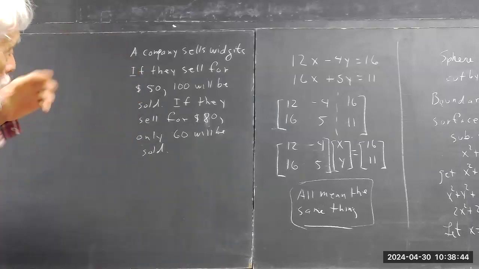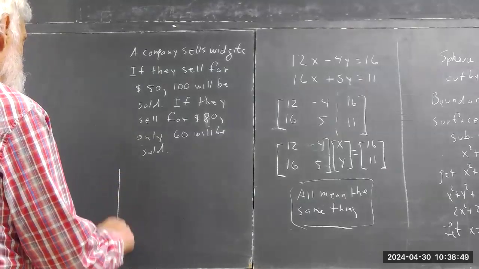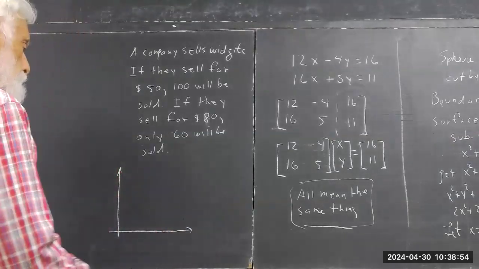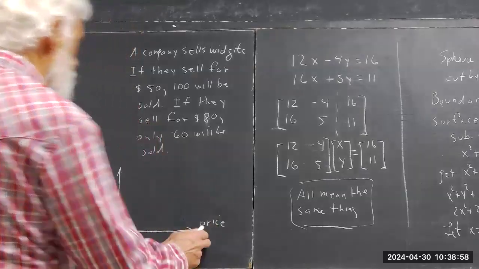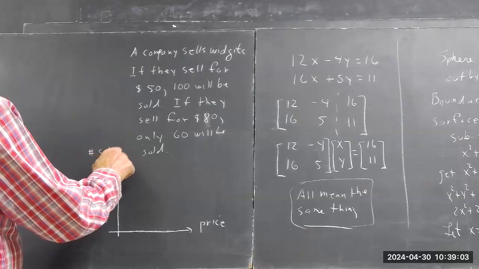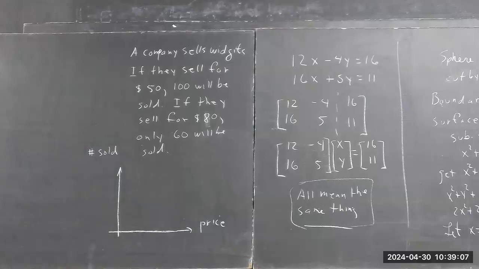Okay. Whatever the situation, first thing I want to do is I want to grab this information. I'll put the price here. And the number sold here. Well, if the price is $50, you're going to sell 100.